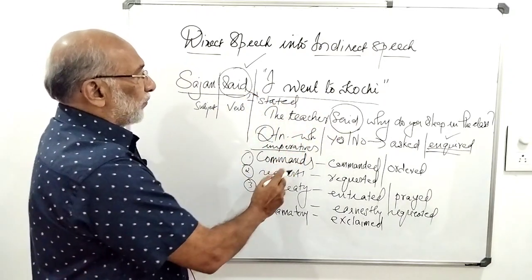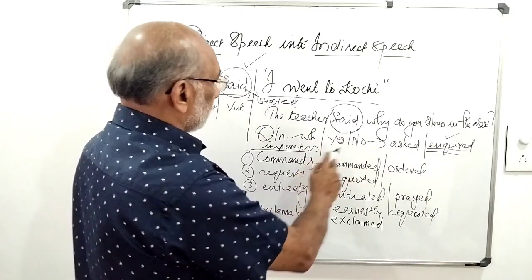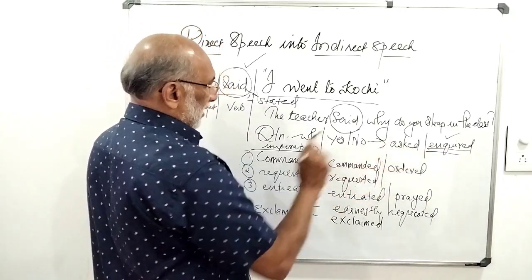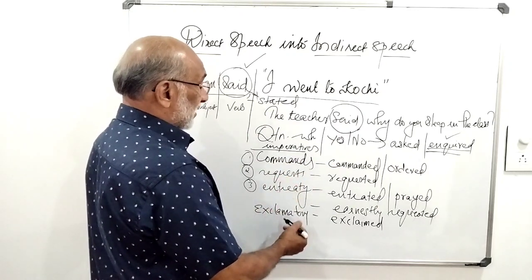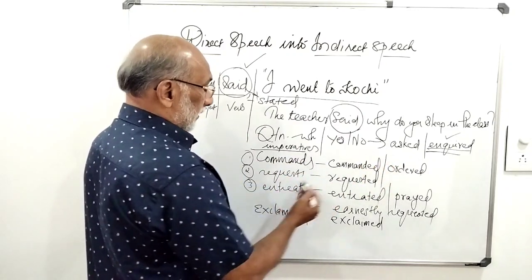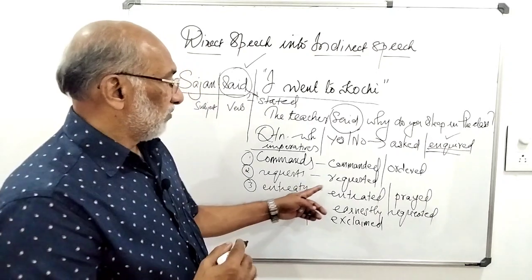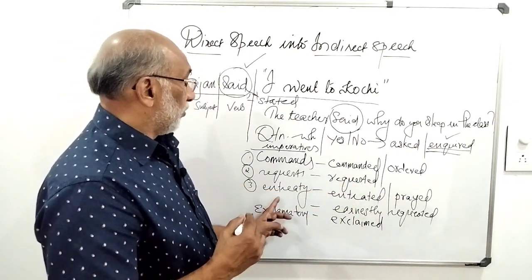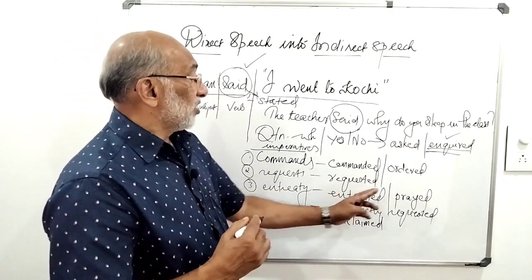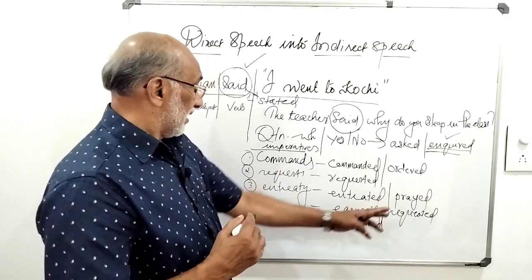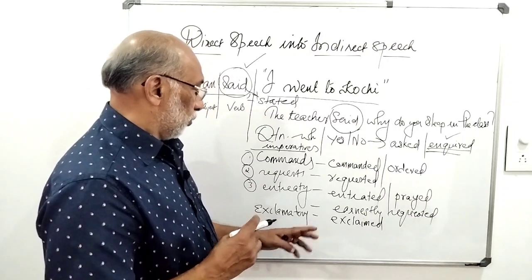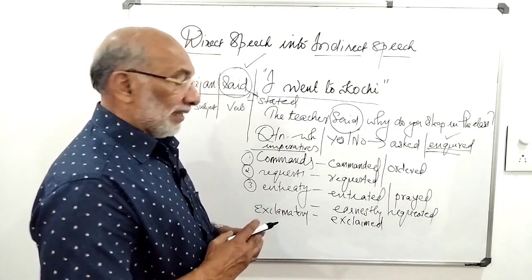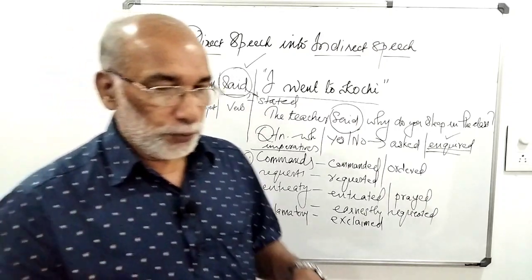Then in the case of questions, you can use asked or inquired. Then imperatives, commands, requests and entreaty. For commands, we use commanded or ordered. For requests, we can use requested. For entreaty, we can use entreated, prayed or earnestly requested. And for exclamatory sentences, we can use exclaimed. I think it's very clear to you.